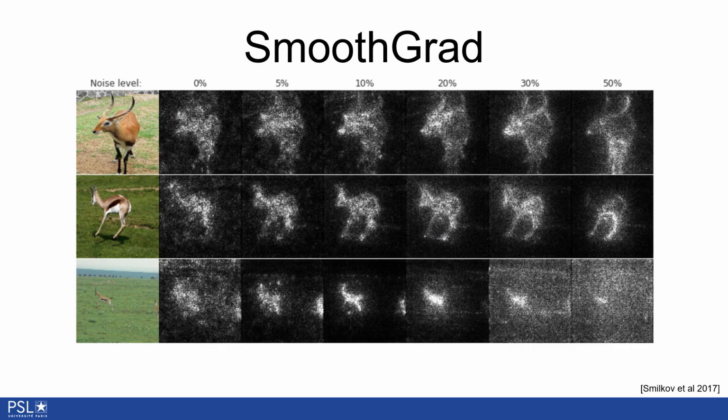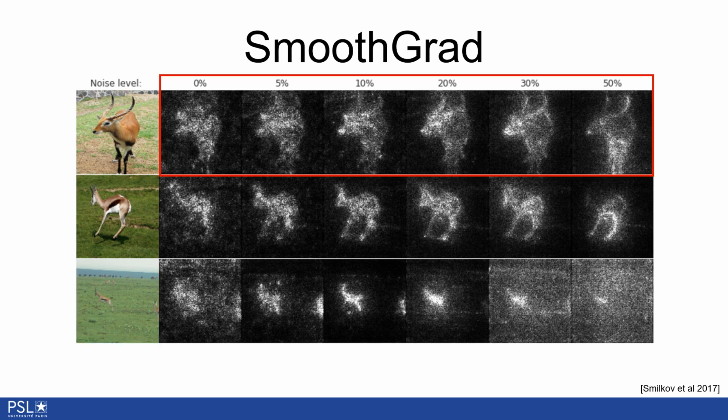This figure, taken from the original paper, illustrates the effect of noise level on the output of SmoothGrad. The leftmost column shows examples of images given to a convolutional neural network. The different columns on the right then show the output of SmoothGrad for different levels of noise when used with vanilla gradients. Let's look at some examples.